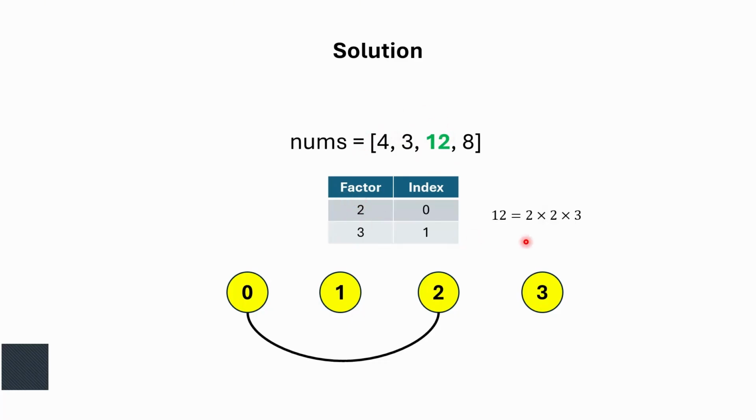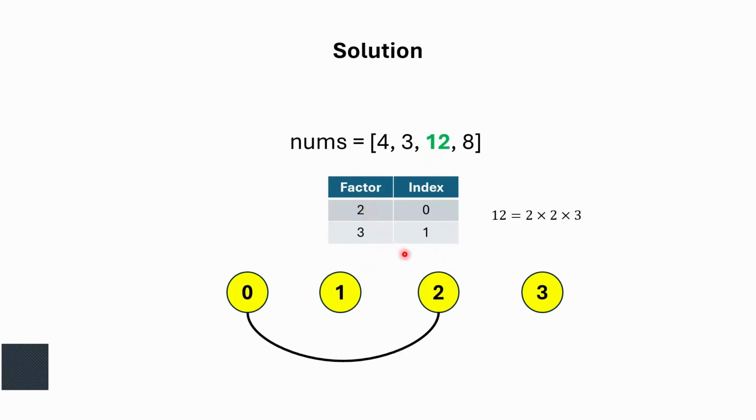We also see that 12 has a prime factor 3. Well, that means we can traverse from the previously seen number at index 1 that also has a factor of 3 to this number 12 here, and that indicates that we need to join the number 12, or the index 2, which represents 12, with index 1, because those are the indices of the numbers 12 and 3 that share the same common factor 3, right?